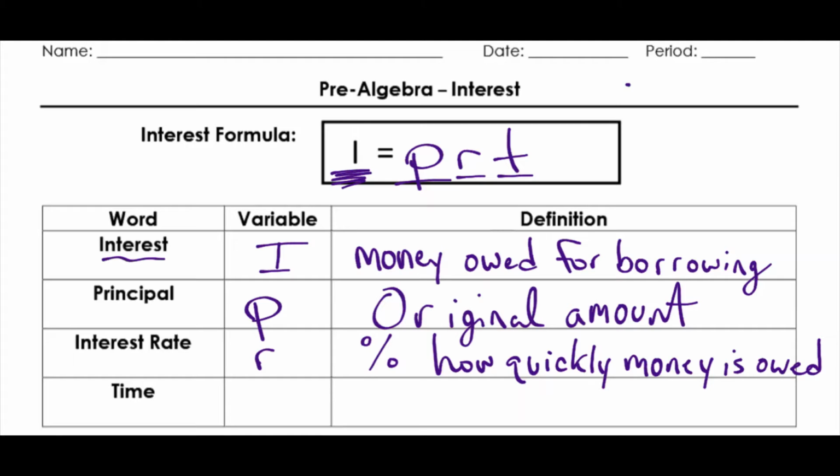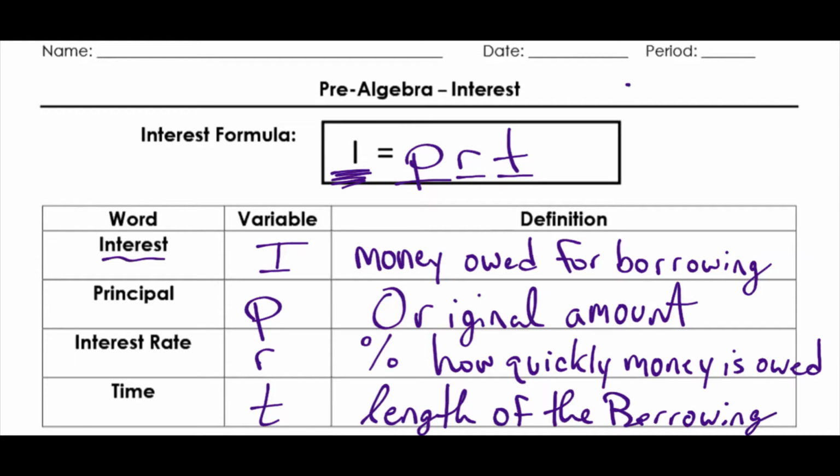But that's also impacted by the original amount, the principal, and the time, the length of the loan. Let's say the length of the borrowing. It's not always a loan, but I am going to call it a loan a lot of the time. It's the length of the borrowing, how long you're borrowing that money for.